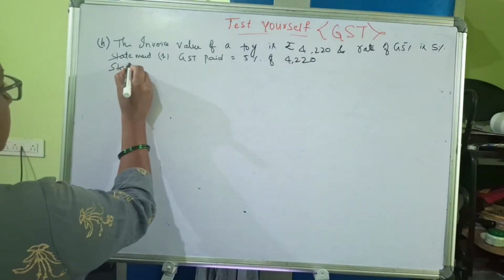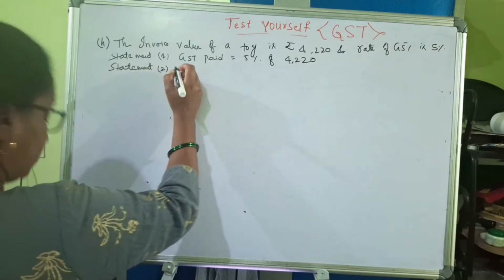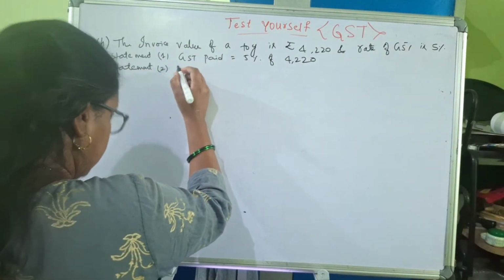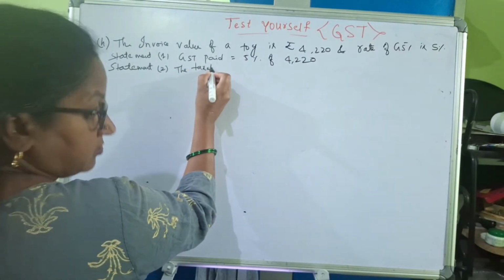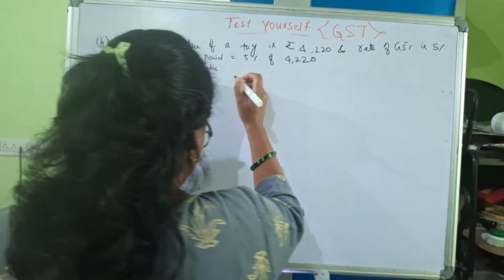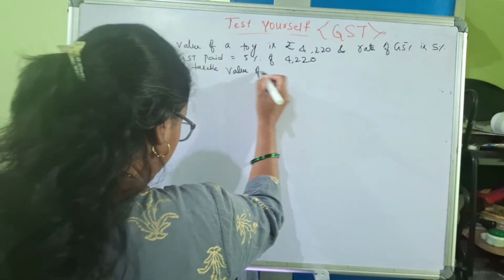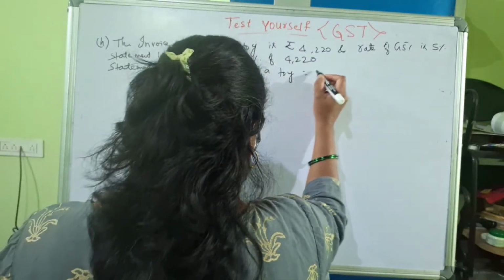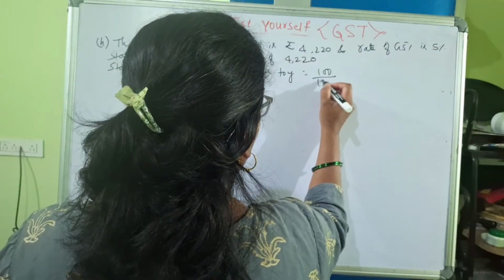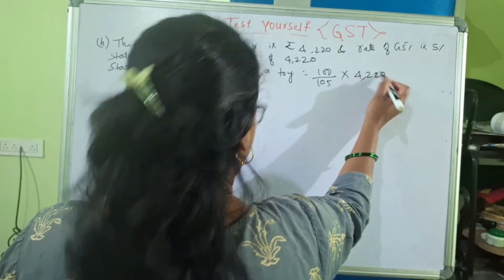Statement 2: The taxable value of a toy is equal to 100 divided by 105 into 4,220.